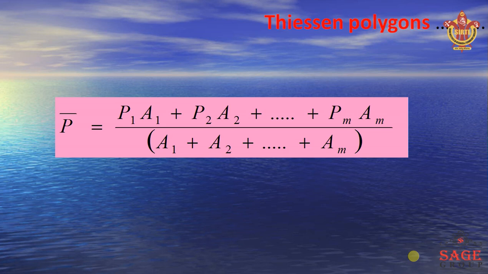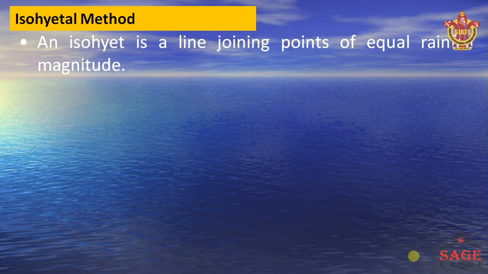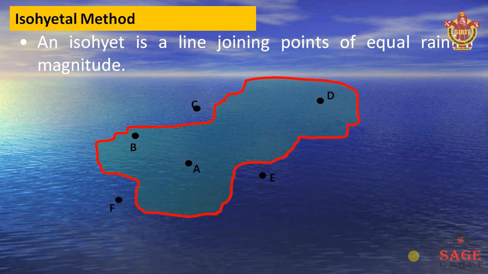There is another method known as the isohyetal method. An isohyet, as the name suggests, is a line joining points of equal rainfall. Suppose this is a catchment and we have stations A, B, C, D, E and F. Now we have certain values of precipitation at these points.